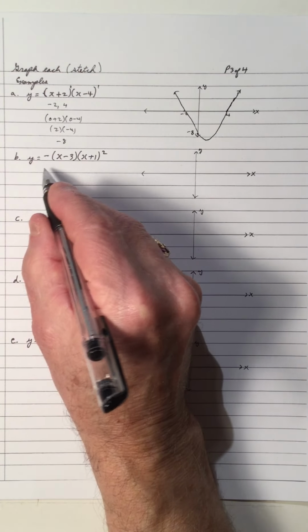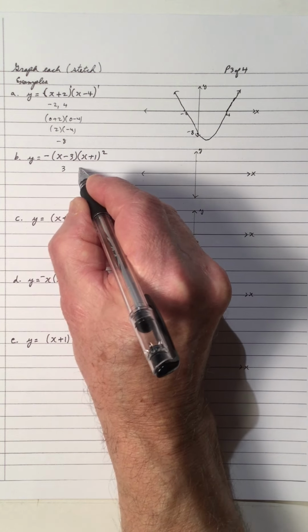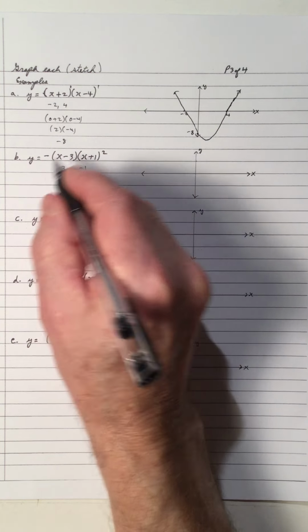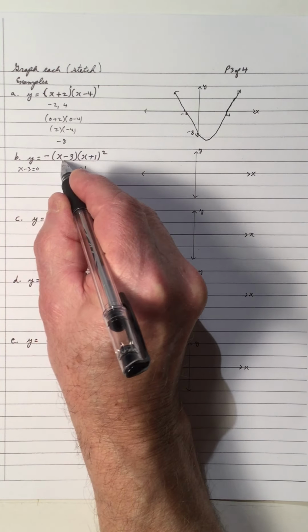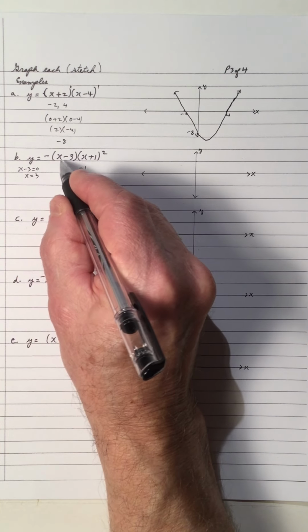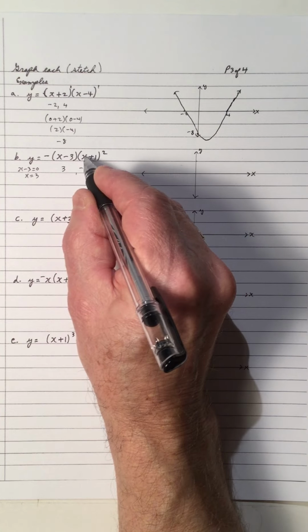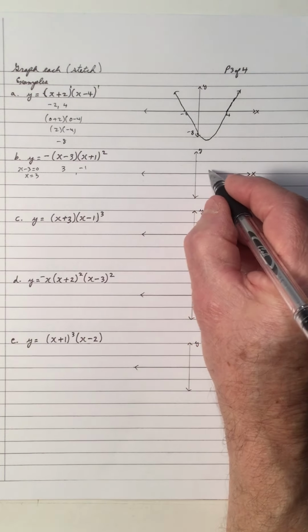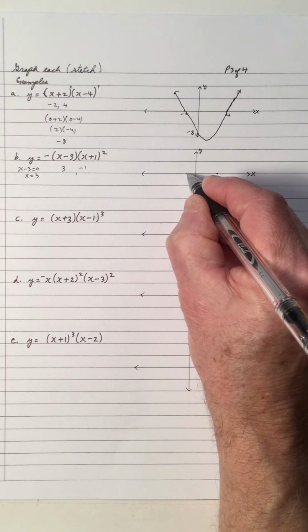Here we go again. B. We have the x-intercepts are 3 and -1. Remember what we're doing. If we let x minus 3 equals 0, then x equals 3. So when we put 3 back in here, we have y equal to 0. When we put -1 here, we have y equals 0. So the x-intercepts are 3 and -1.